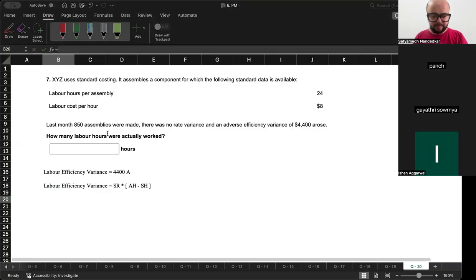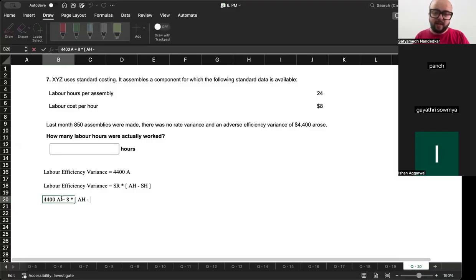Labor cost per hour, how much is it? It is 8 dollars. 4400 is adverse. This is standard rate which is 8 into actual hours worked minus standard hours of input for actual output, which we don't know yet. Labor hours per assembly are 24. So labor hours for 850 assemblies will be 850 into 24. Is that correct? Yes sir. Variance is adverse.